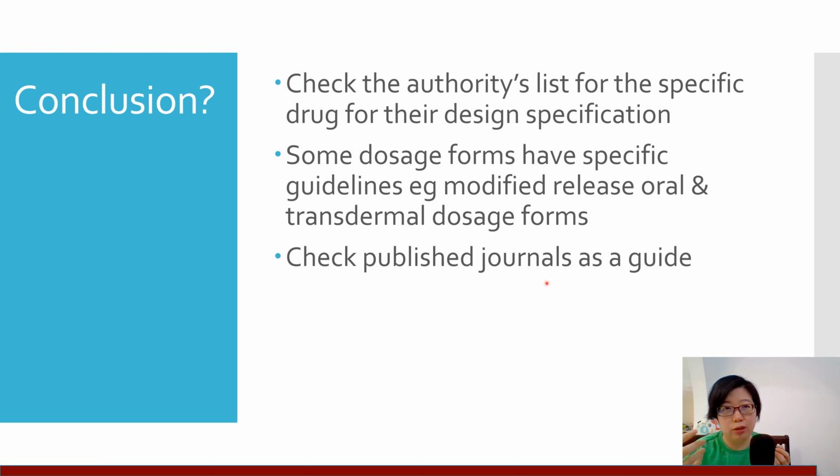You may not replicate it exactly, but you can use it as a good reference: when is your Tmax, how do you analyze it, what column do you need to use, and what is the rough maximum concentration or peak you get with the concentration standards that you use. There's a lot you can learn from other studies. So when you know you need to do a BE study on drug A, check. That will save you a lot of work as well.